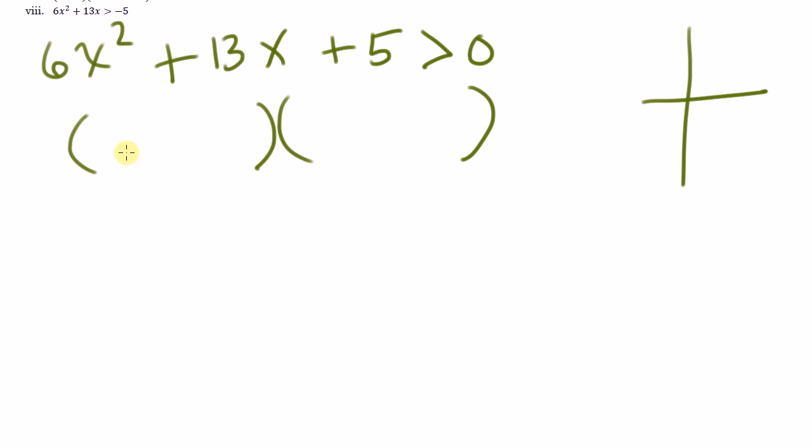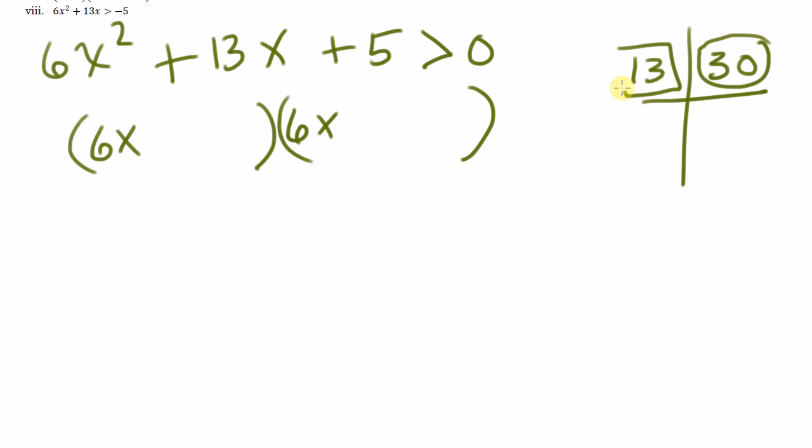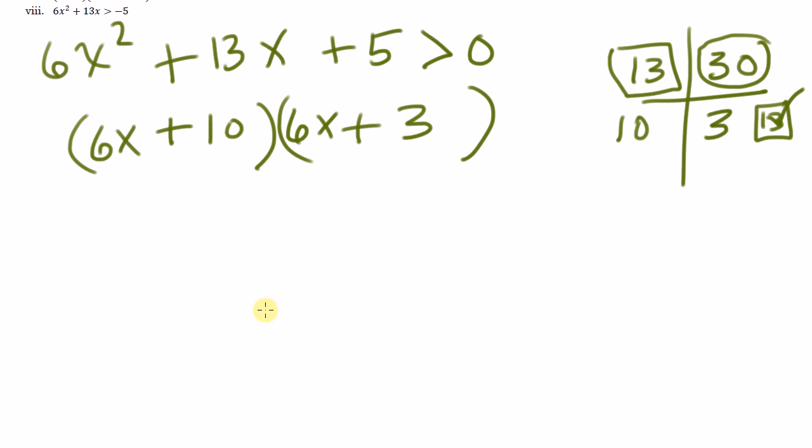You can do it any way you want. I put a 6x here and a 6x here. And I go over here and I say, okay, 6 times 5 is a positive 30, and they need to add together to give me 13. And 10 times 3 gives me 30, and that gives me 13. And that checks. So plus 10 plus 3.